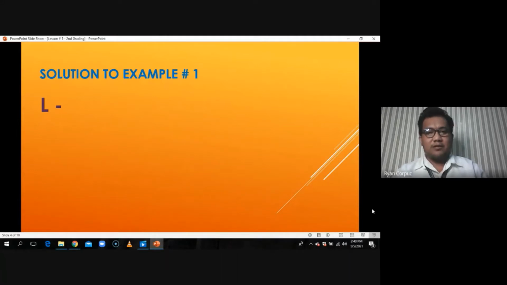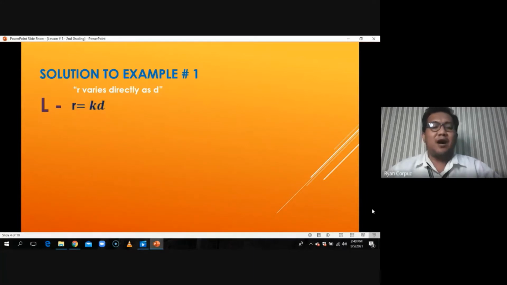Since the number of kilograms of rice is represented by small letter R and the number of days by D, and the problem is about direct variation, we can say that the statement of variation is R varies directly as D. With the application of step number 1, we are going to translate that into symbols. If we translate it the same way as we read it, R varies directly as D, we come up with the first translation as R is equal to KD.